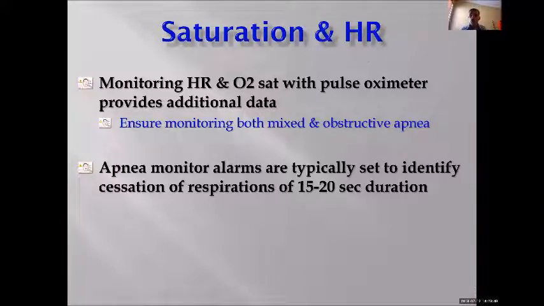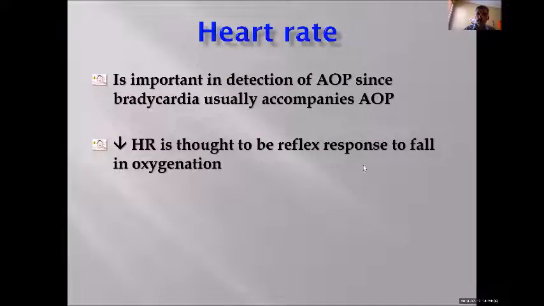And usually the saturation monitors are set to diagnose apnea of more than 15 seconds, to give an alarm for the nurse to report and respond. Heart rate is also a part of apnea of prematurity, either at the time of a short pause or as a complication when it's prolonged, because heart rate usually drops when you have low oxygen due to apnea.